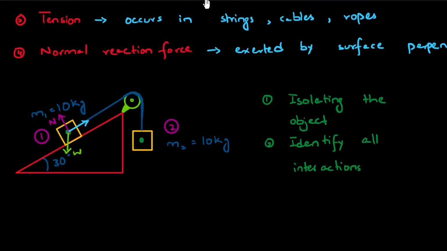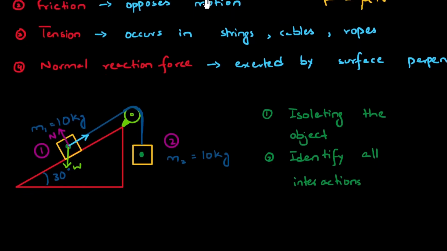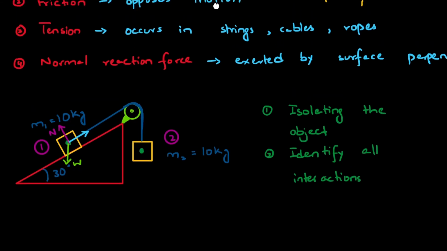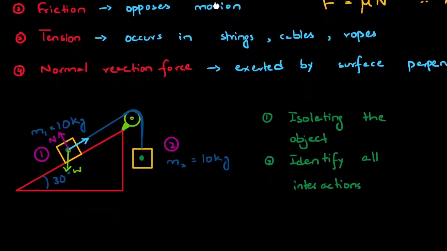Now, the friction will be directed upwards if we assume that the block is heavy enough to slide downwards or to move downwards. In case the second mass, the block number 2, is heavier and it makes it so it pulls the block number 1, then friction could be directed in the opposite direction as well. So whatever the direction of the block is, friction will be in the opposite direction.